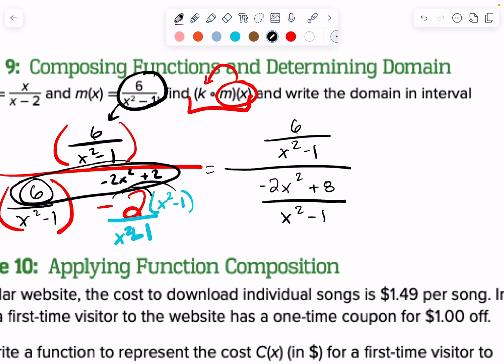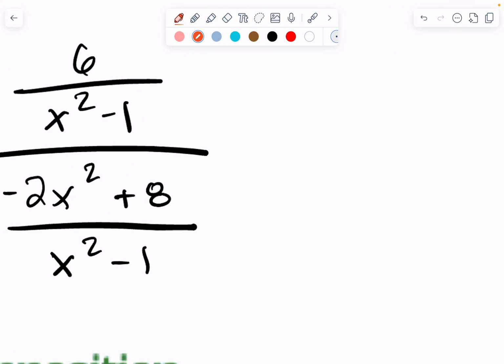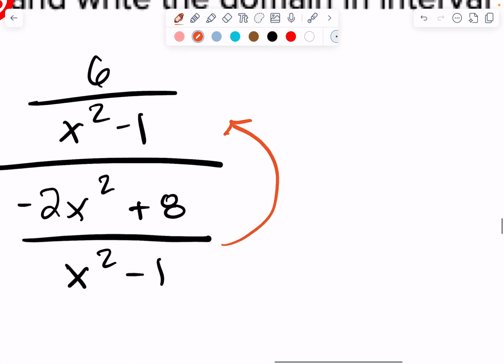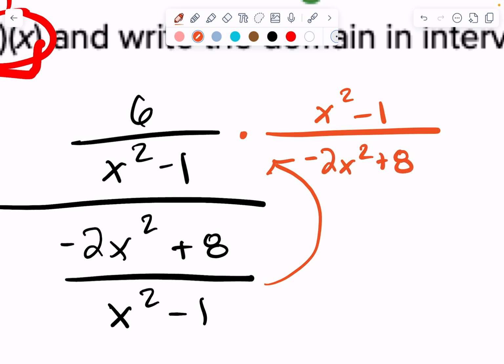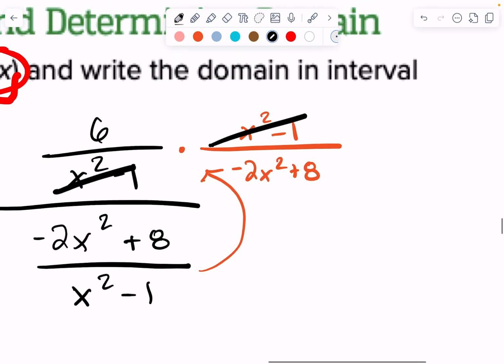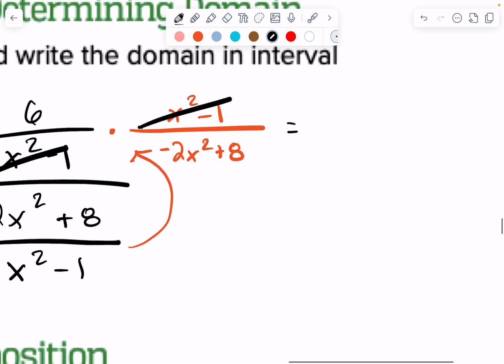Now I'm going to flip it to the top, times x squared minus 1, and then negative 2x squared plus 8. This is not actually going to be as unpleasant as I thought. The x squared minus 1 factors are going to cancel. So the final answer after I simplify is 6 over negative 2x squared plus 8.